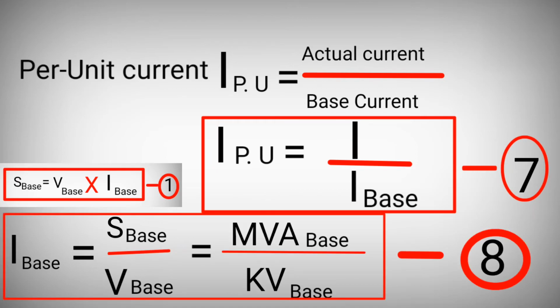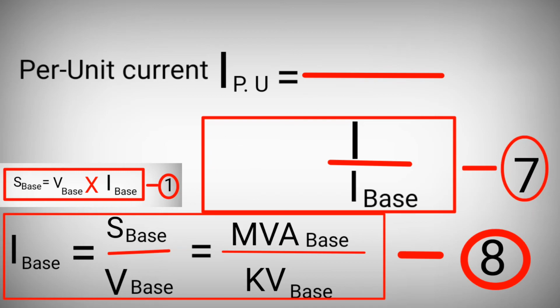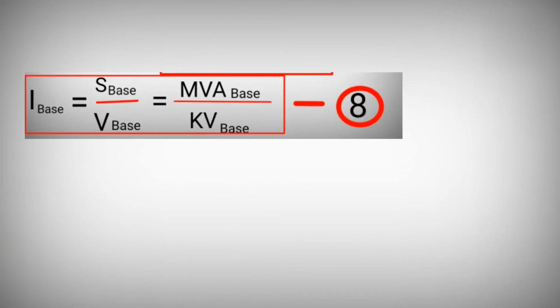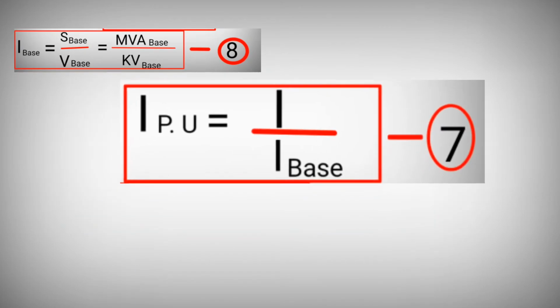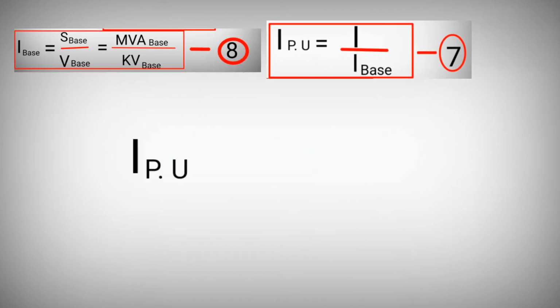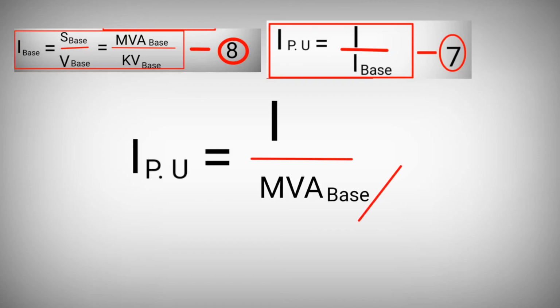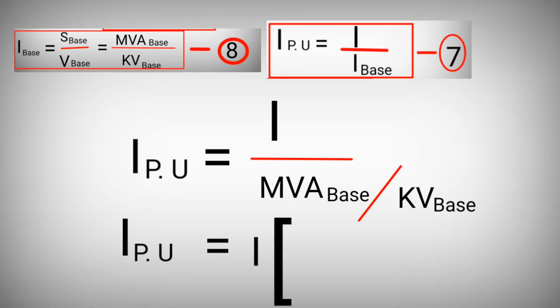Let it be expression number 8. Substitute expression number 8 in expression number 7. You will get that I PU is equal to I by MVA base by kV base. Rearranging this expression, you get I PU is equal to I of kV base by MVA base.